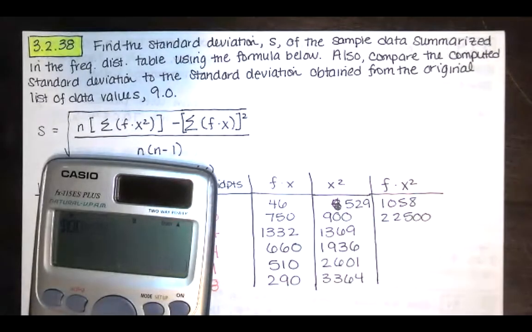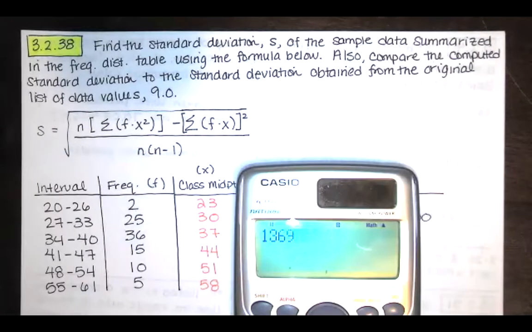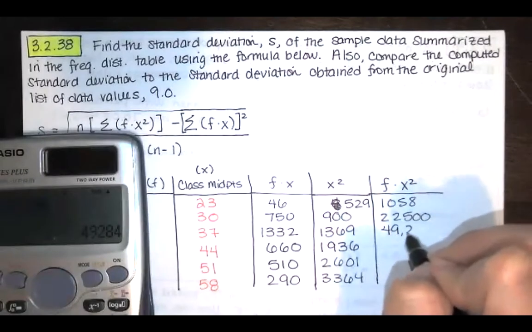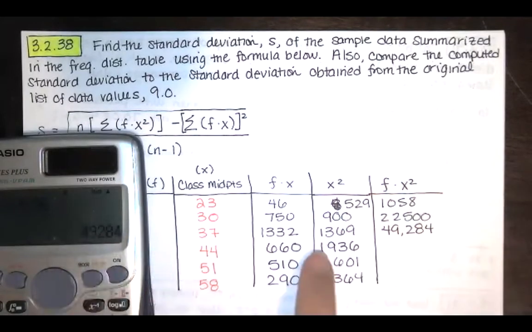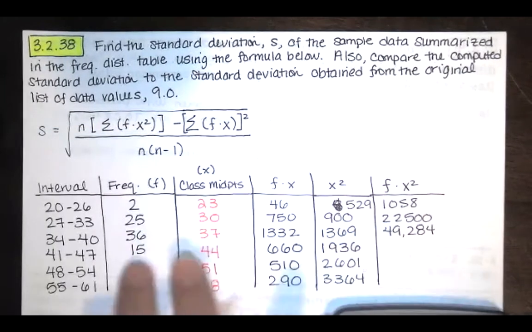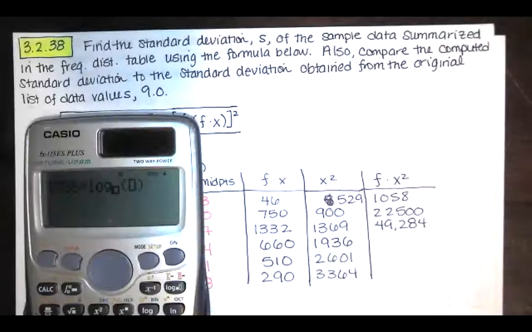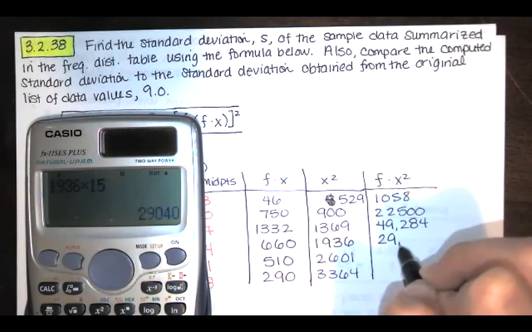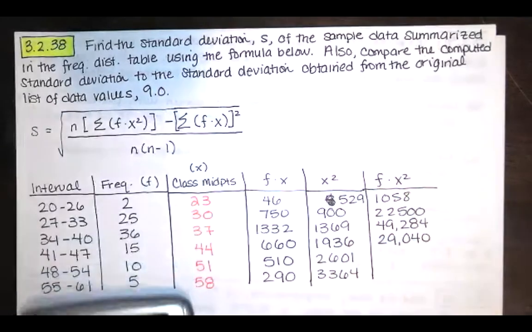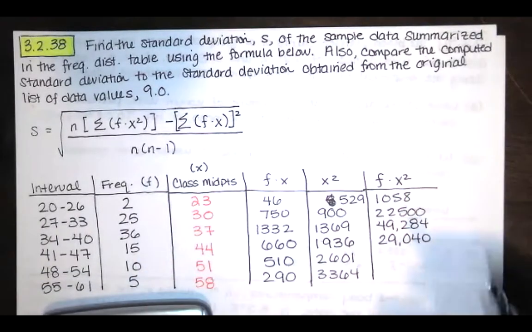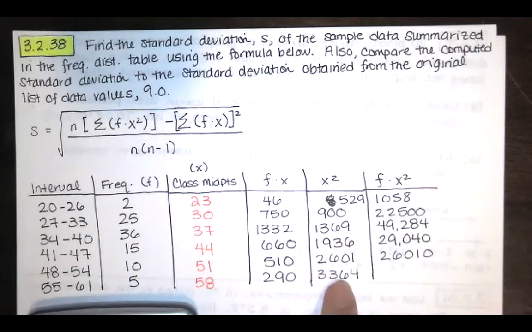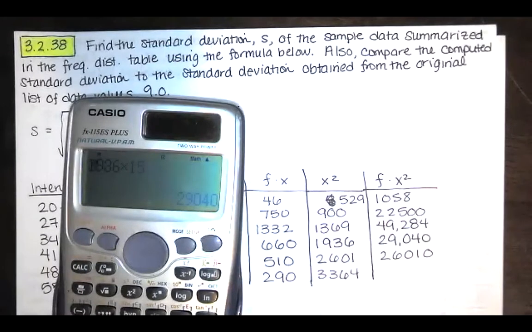Then that 1369 times the frequency of that class, which is 36. Then I've got 1936 times the frequency of that class, which is 15. And then we want the 2601 times 10. Just going to move our decimal over 1. And then the 3364 times 5.